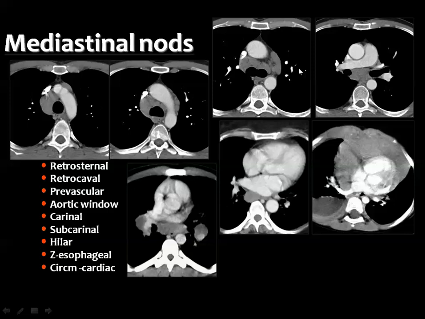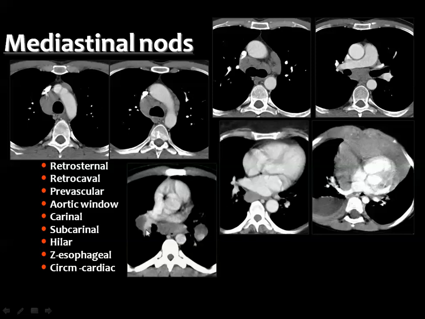And we have the carinal lymph nodes. The precarinal group are anterior to the carina. The retrocarinal group are posterior to the carina. The subcarinal nodes are located between the main stem bronchi. We have the hilar group of lymph nodes, also known as the bronchopulmonary lymph nodes.